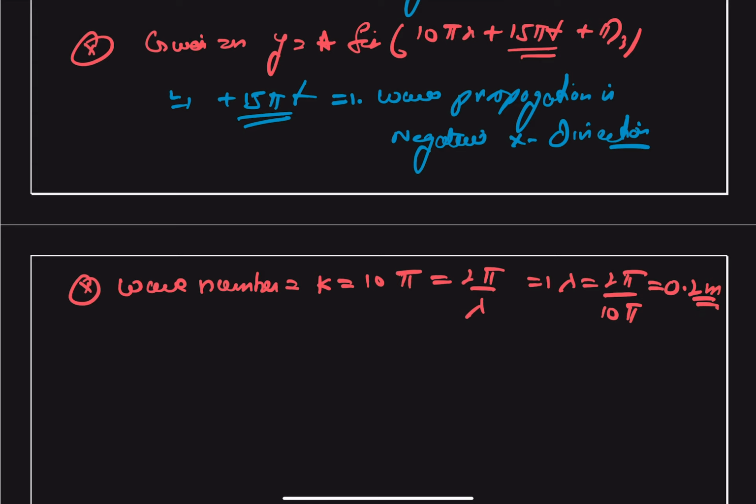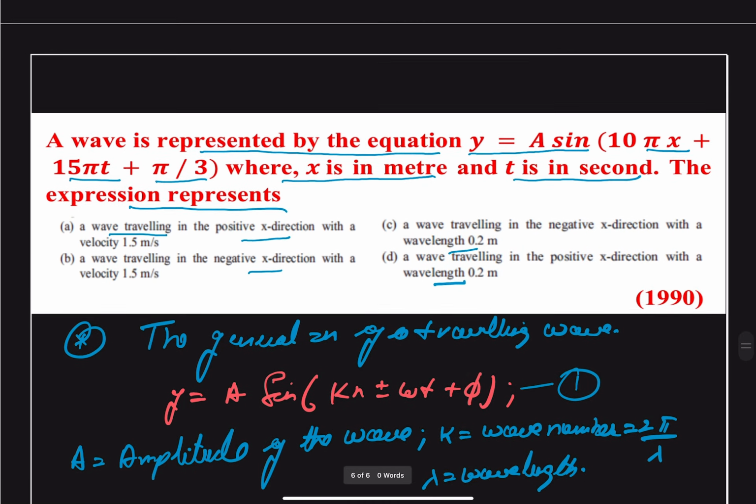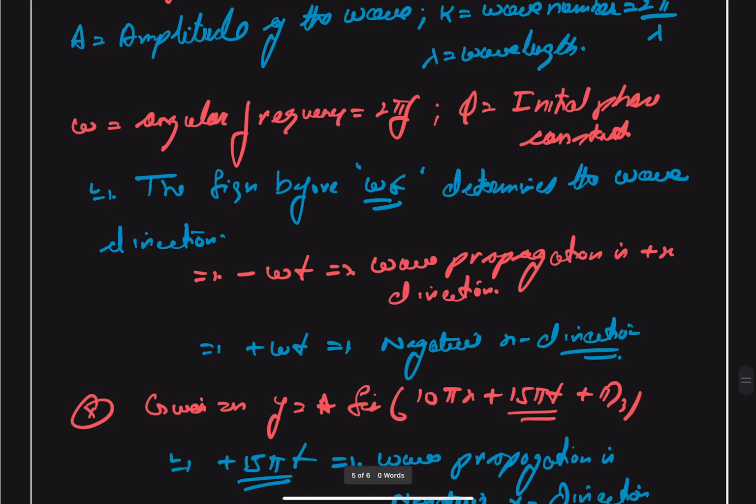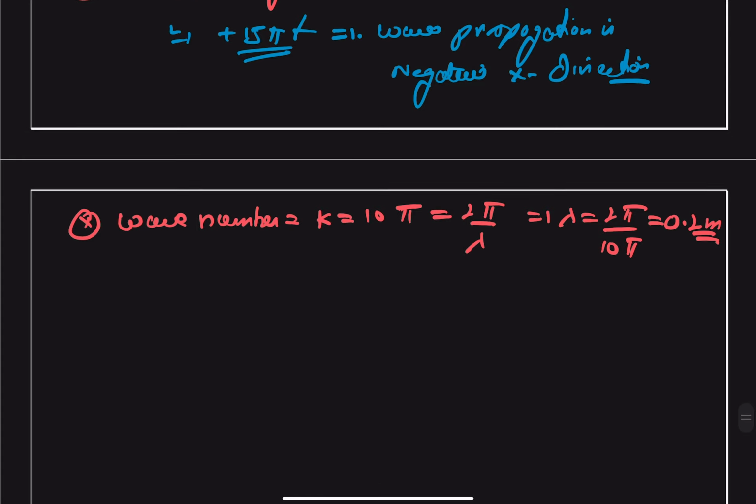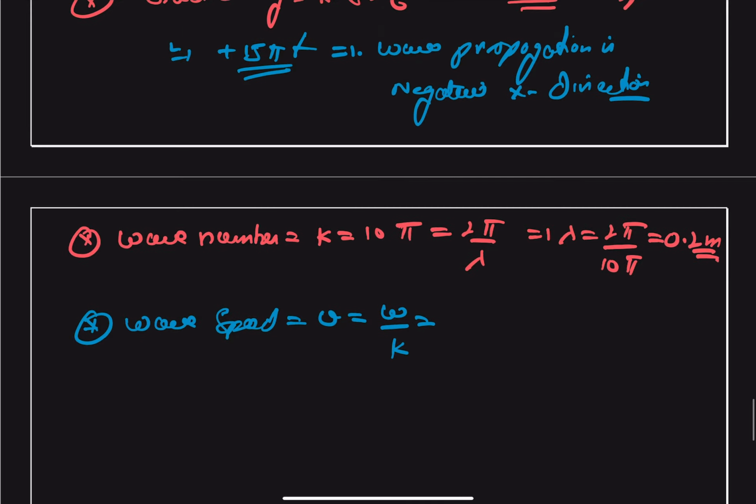And I think we are only required to find out velocity and wavelength. So let us find out the velocity. We can say that our wave speed v will be equal to ω divided by wave number k, and ω we know is 15π.